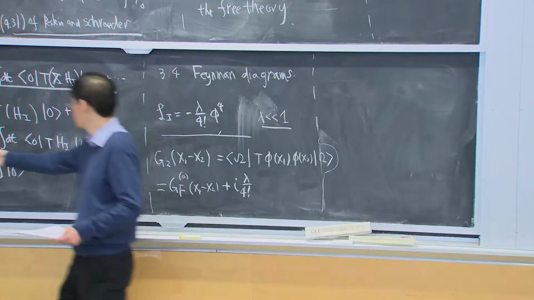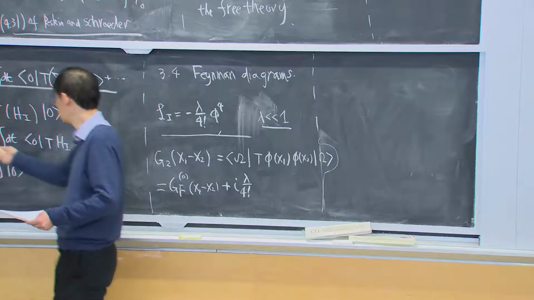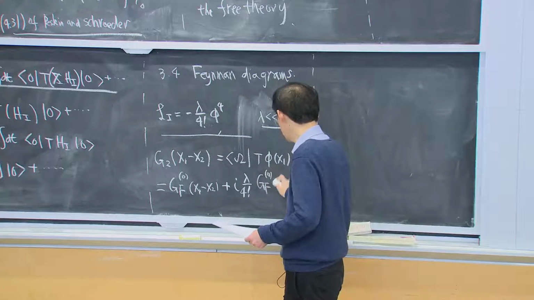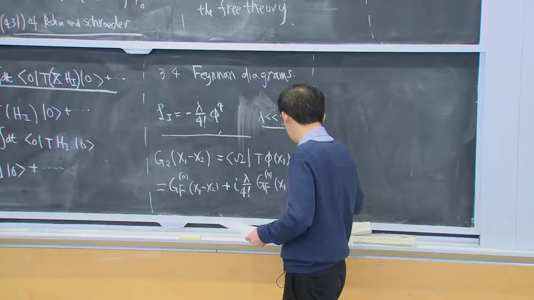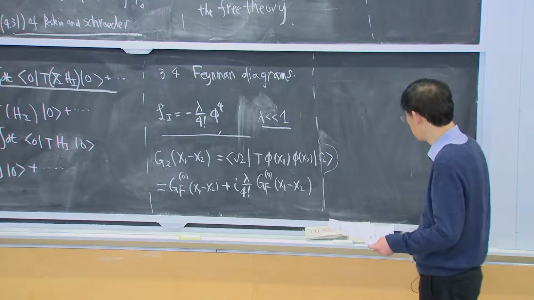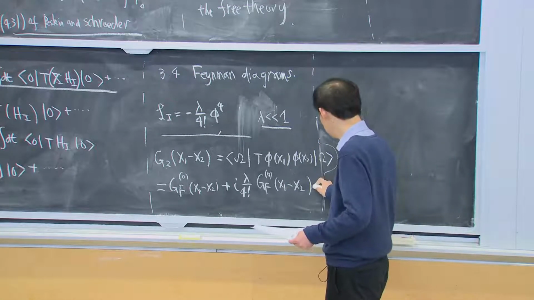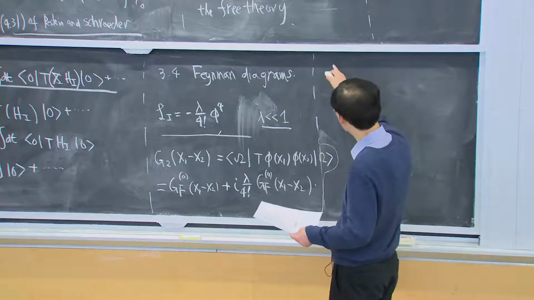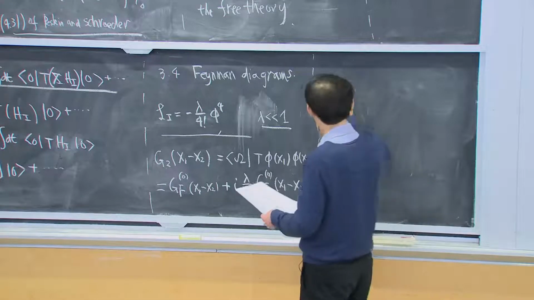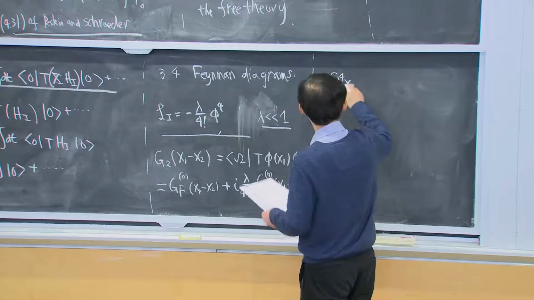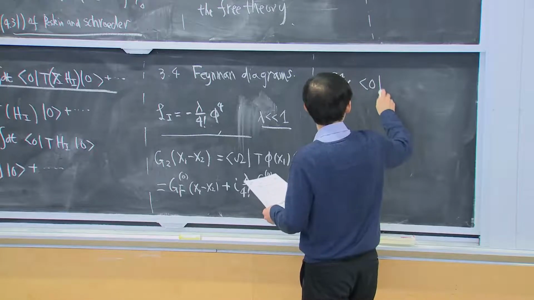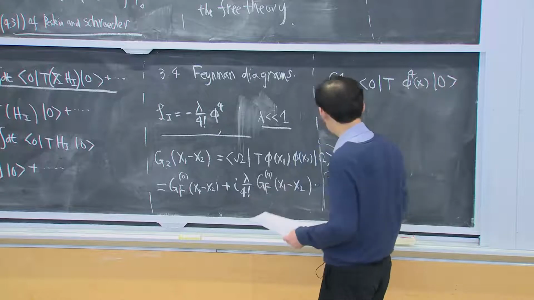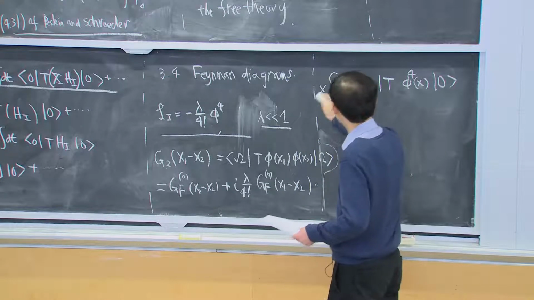And this term is again just the free theory correlation function, so we just have GF0 of x1 minus x2, times d4x, then the vacuum, T, and phi to the power 4 at x here. So this is multiplied with that.